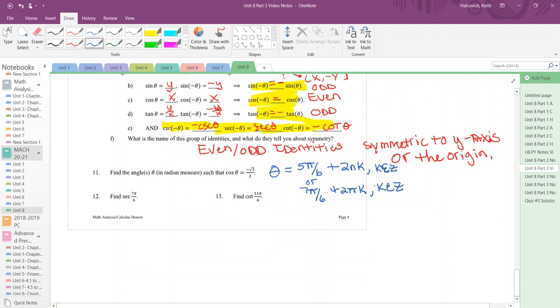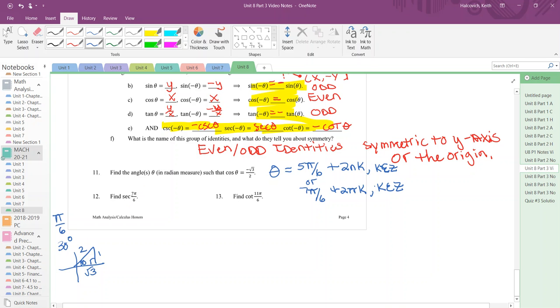Secant of 7 pi over 6, well, remember, secant of pi over 6, remember 30 degrees, right? Well, if that's 30, so you have 1, rad 3, 2. So remember, secant would be 2 over rad 3 now, which is 2 rad 3 over 3.